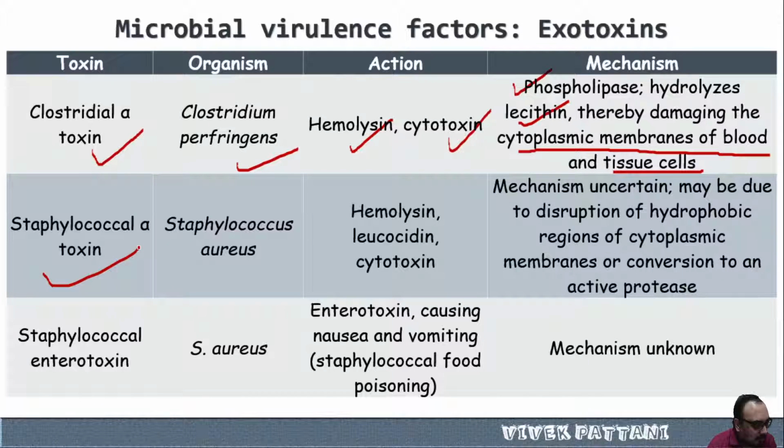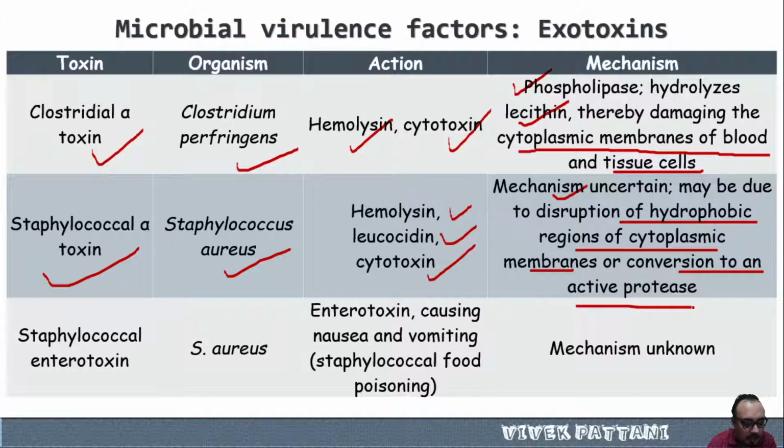Now comes the staphylococcal toxin, produced by Staphylococcus aureus. It may be hemolysin or leukocidin or cytotoxin. The mechanism is still uncertain, and it may be due to the disruption of the hydrophobic region of the cytoplasmic membranes, or the conversion to an active protease.